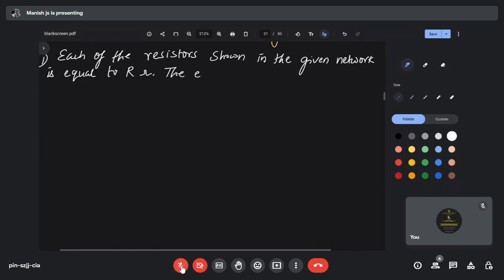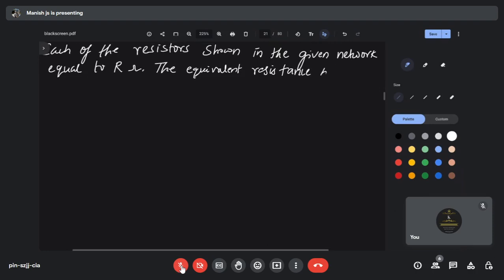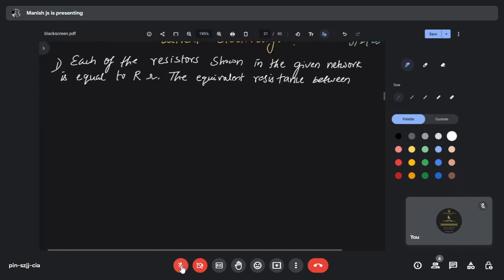The equivalent resistance between terminals X and Y is, so I'll give you the network. So this is the question. I'm giving you the circuit for this question. They have given a network, so let me draw that.